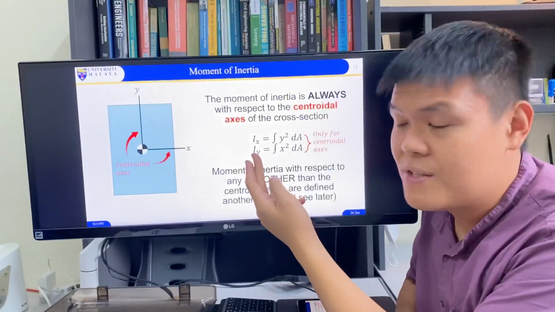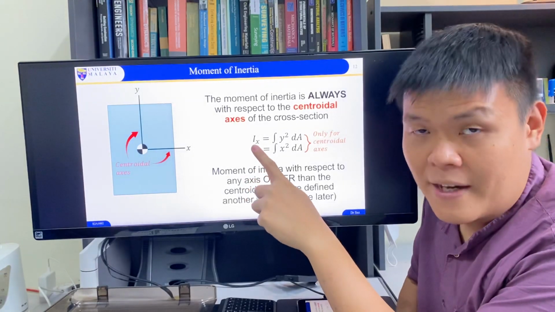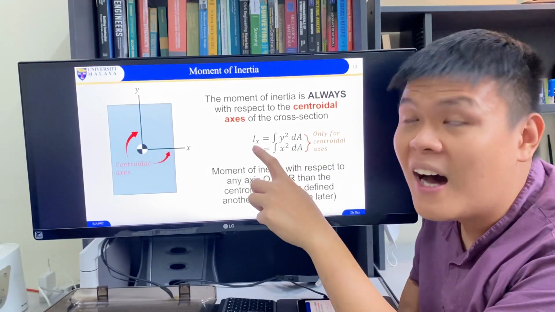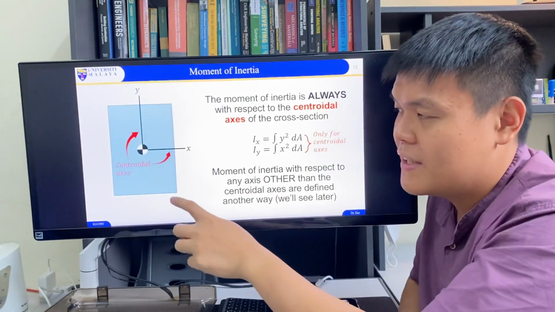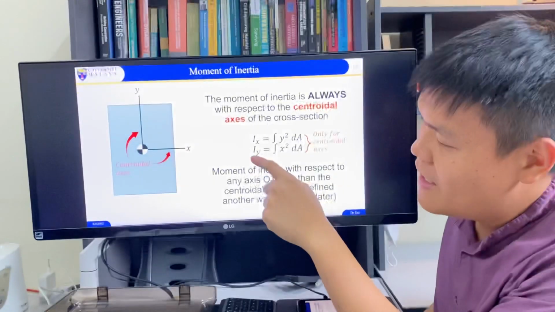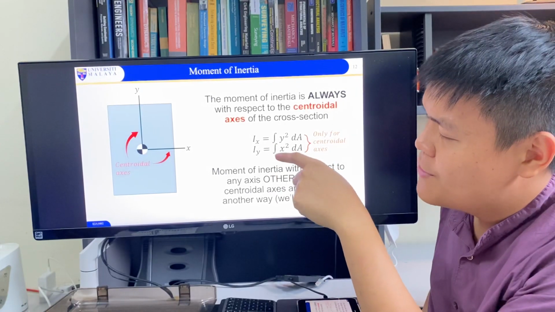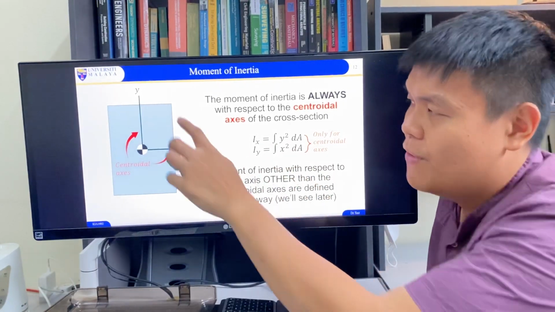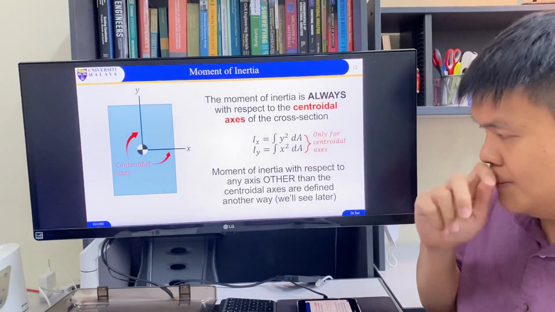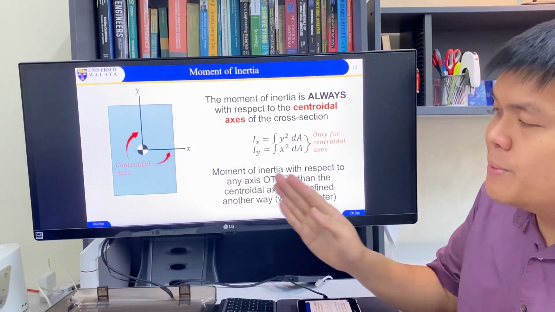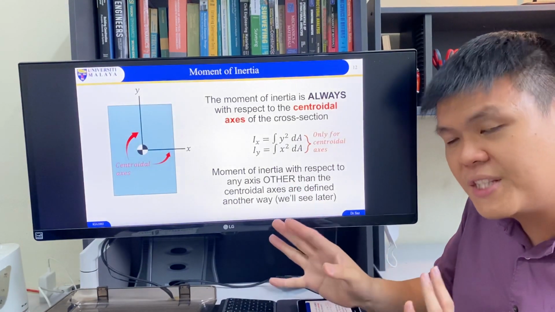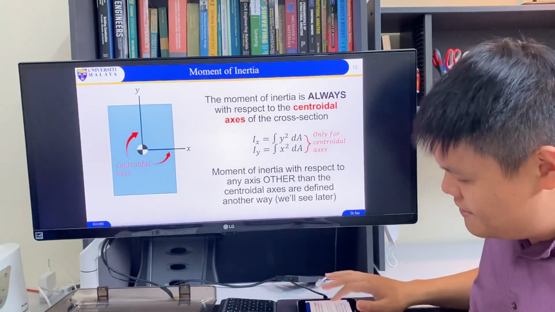So when we use this formula here, Ix equals the integral of y squared dA, this I will be the I of this rectangle, but the axis will be this axis. You get it? This Iy is the integral of x squared dA. This will be for this rectangle, but it will be for this axis. All right? When we want to find the moment of inertia for any other axis, then we'll use a different theory, but we'll keep that towards the end.